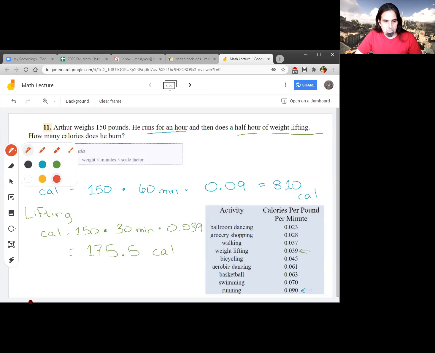Then I need a total, right? How many calories does he burn? I'm going to round this to 176. So we're at about 986 calories.